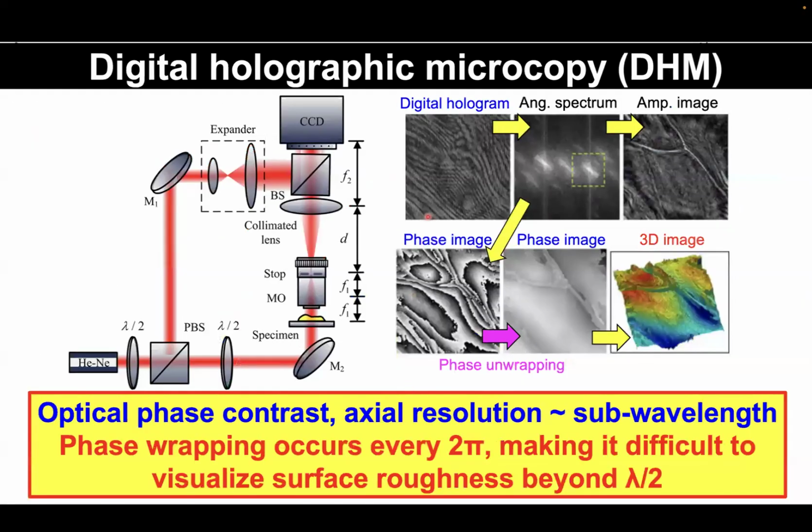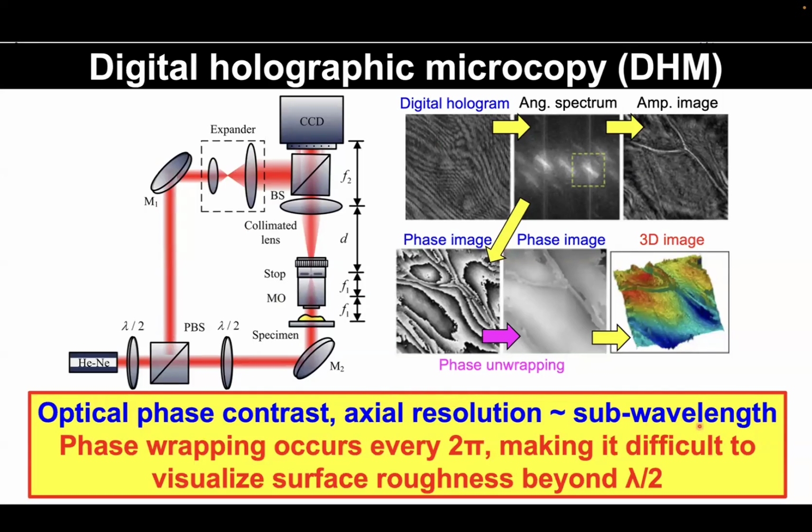Another image contrast in optical microscopy is optical phase, giving information on refractive index, optical thickness, or geometrical shape. Conventional phase microscopy, such as digital holographic microscopy, or DHM, can be used for transparent non-fluorescent objects or reflective objects with nanometer unevenness.